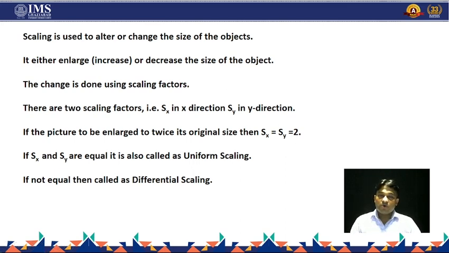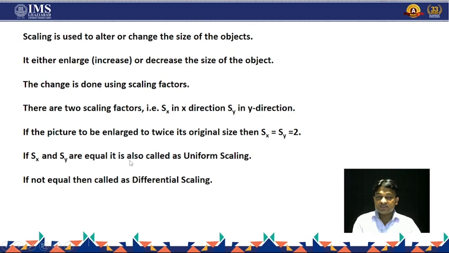On the basis of this, we can say that scaling is classified into two categories. First is uniform scaling, and second is differential scaling. Uniform scaling means when Sx and Sy have the same value.